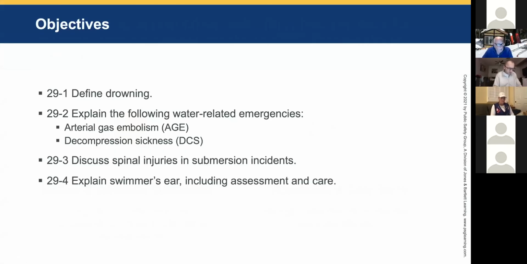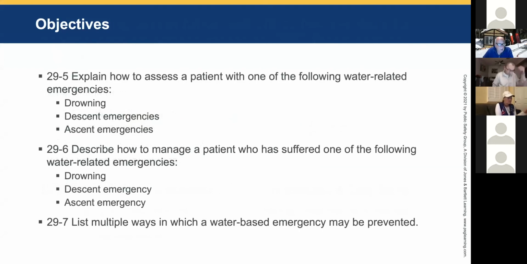We're going to learn how to define drowning and explain the following water-related emergencies: arterial gas embolism and decompression sickness. We're going to talk about spinal injuries and what swimmer's ear is. We're going to learn how to assess a patient with one of the following water emergencies: drowning, descent emergencies, and ascent emergencies, and describe how to manage a patient who suffered one of them.